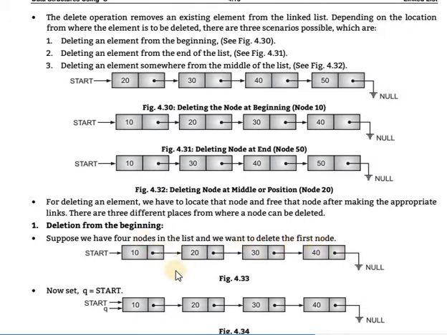Suppose we have 4 nodes in the list, and we want to delete the first node. So now we set q equal to start. Q is taken as the pointer, because through it you move from one node to another node.